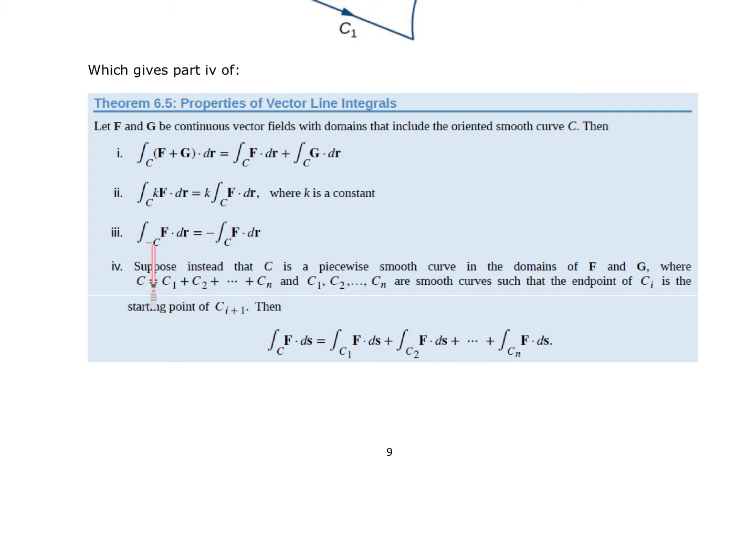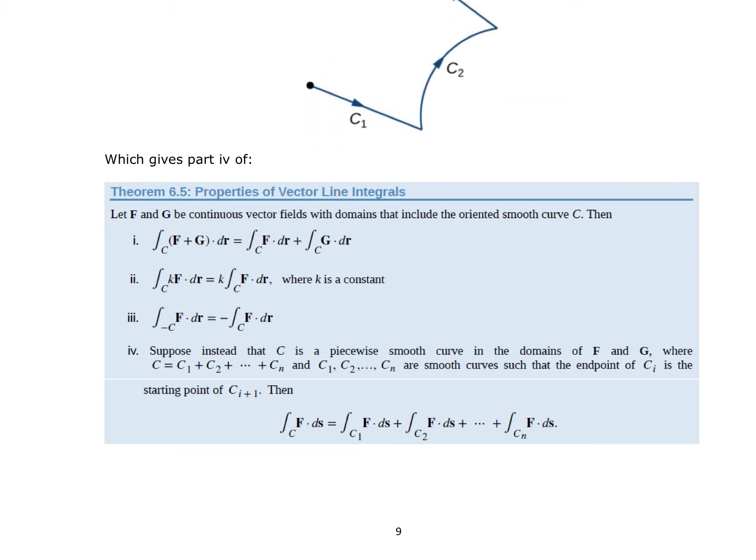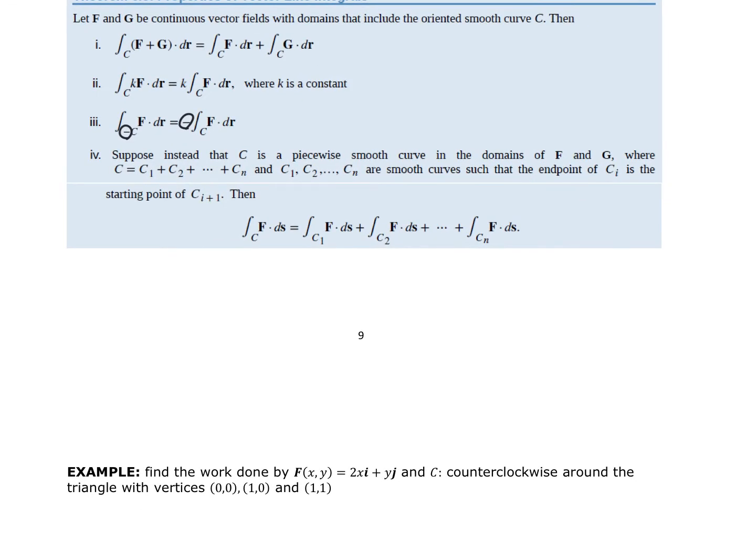So if we want to think about going through the curve in the negative orientation, instead of going in this direction, if I wanted to go in this direction, then all I have to do is go in the negative and put a negative out front. And then this last property is why we care about the whole piecewise, right?